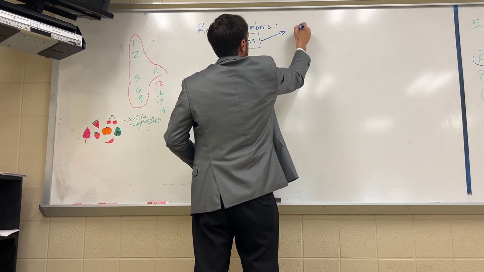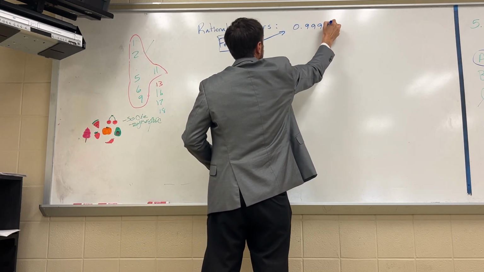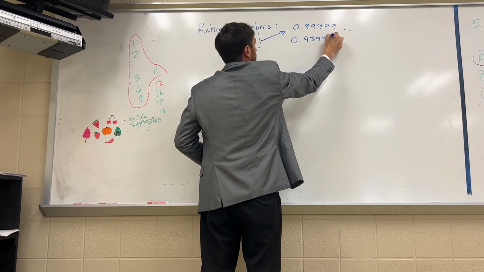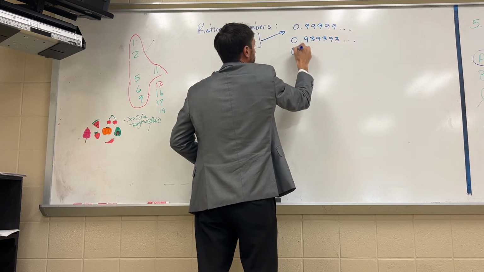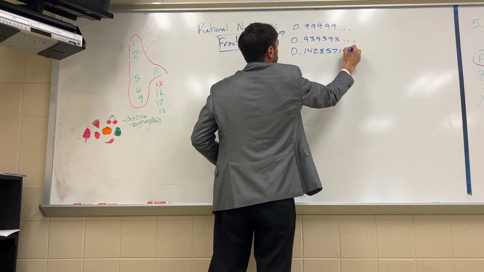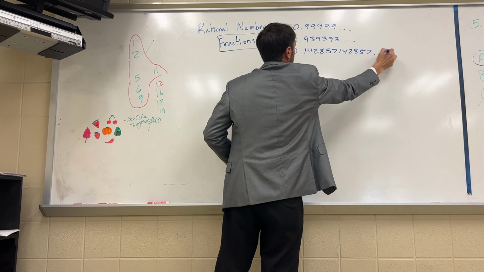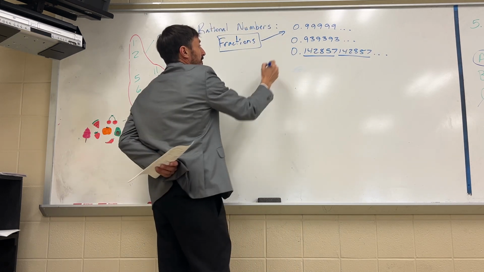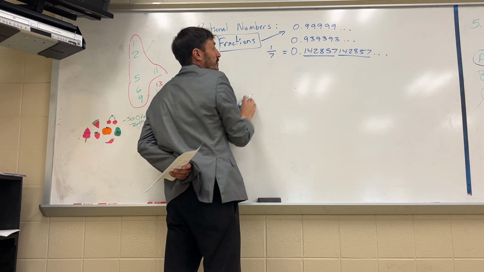Fractions are represented by decimals that repeat, like this, 0.939393, or 0.142857142857, and this continues in a repeating set of 6 digits.